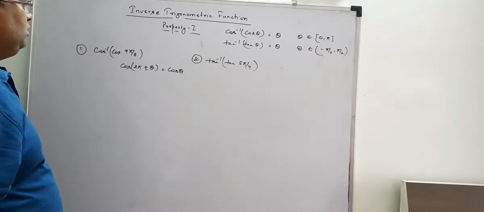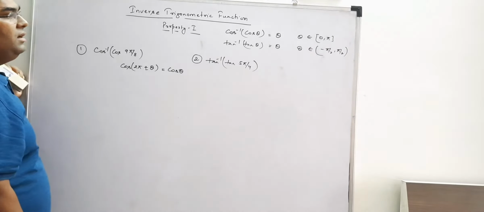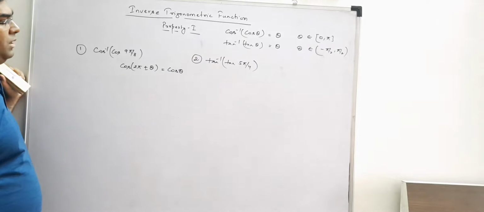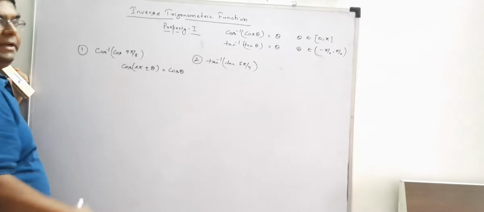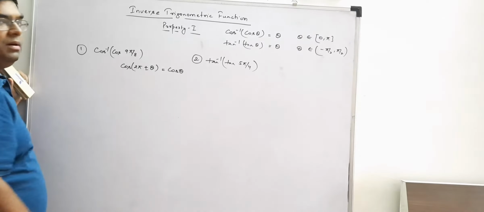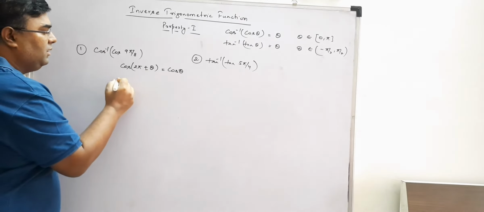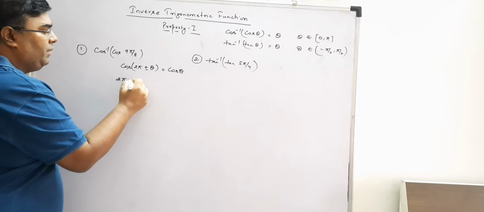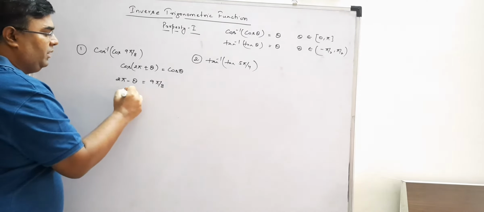Okay, so can we use this now to make the angle between 0 and pi? So 2 pi plus theta will not give me 9 pi by 8, right? Because it is greater than pi but less than 2 pi. So we will use 2 pi minus theta. So 2 pi minus theta, if it is 9 pi by 8, what is my theta?